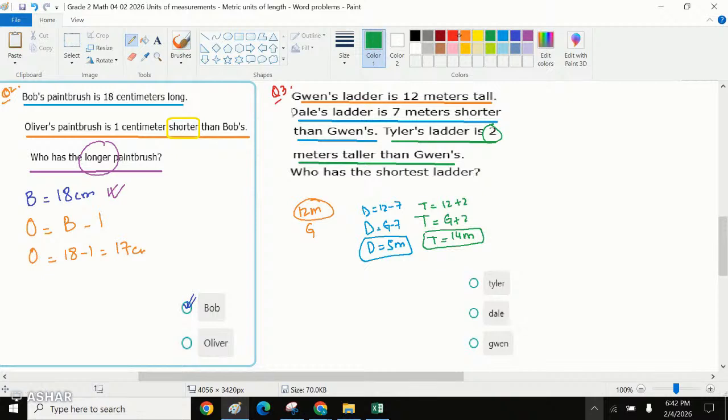Oh, they're talking about the shortest, right? Yes, perfect. Dale has the shortest ladder because Dale was 5 meters, Tyler was 14 meters, and Gwen was 12 meters.